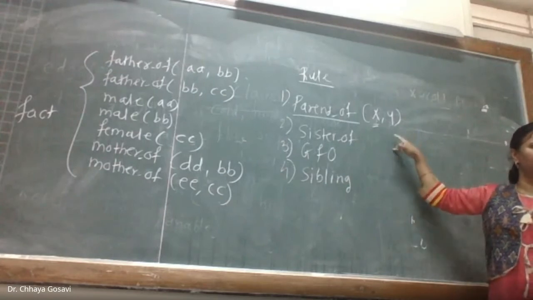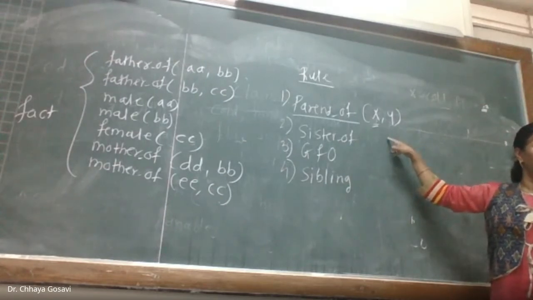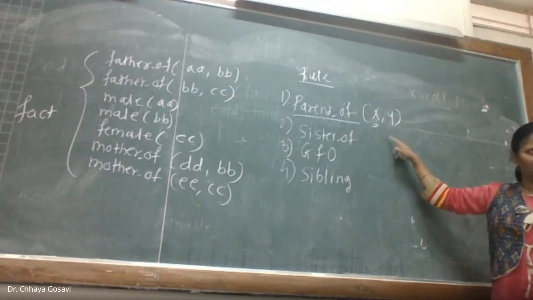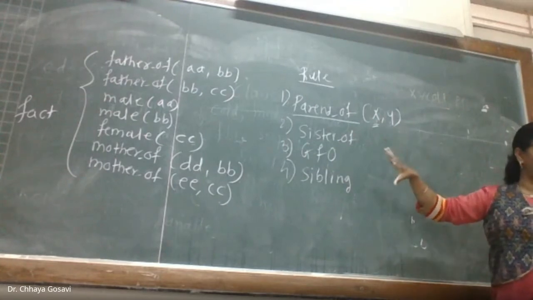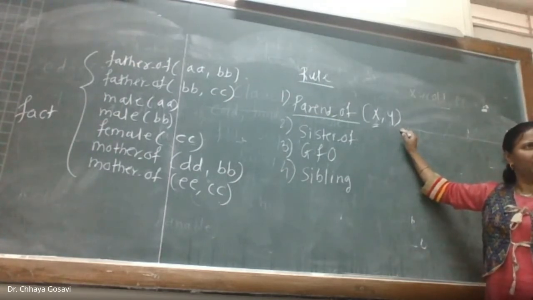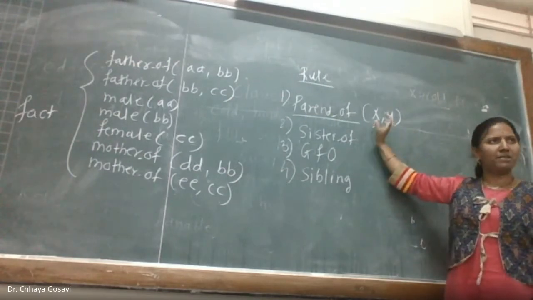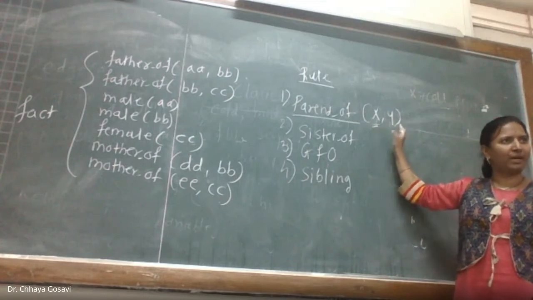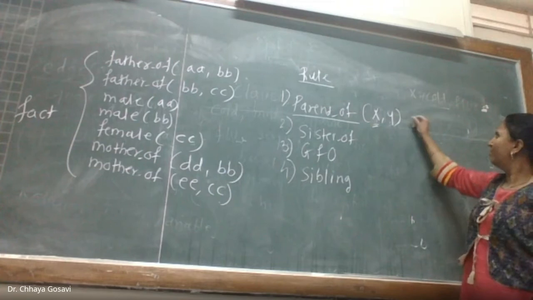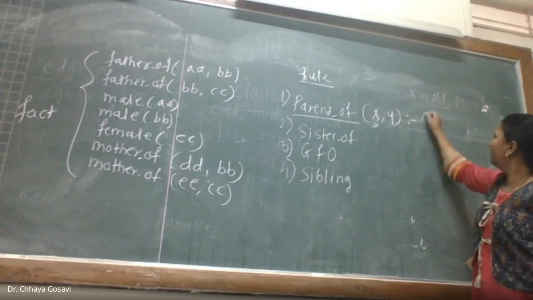X should be what? Father or mother. It is not related to male or female. And what about y? Is there any relation of y? No. So x can be father of y or mother of y. Then you can say that x is parent of y. So how to define this relation?